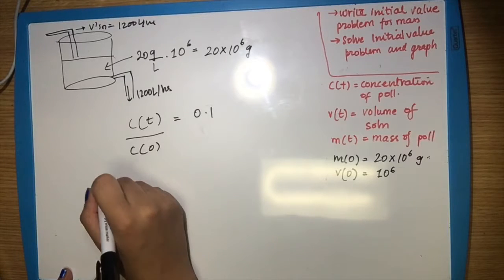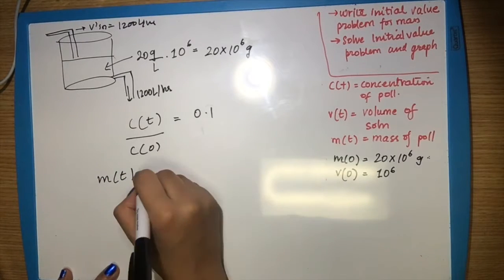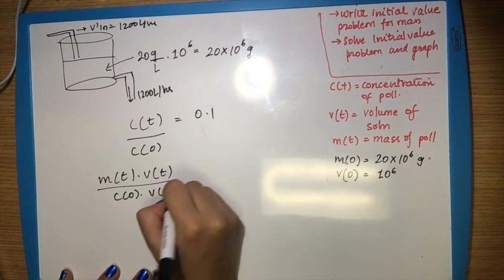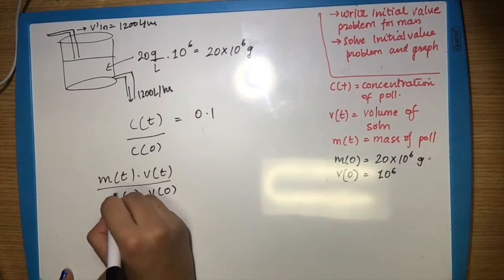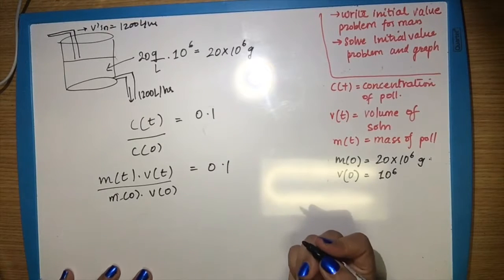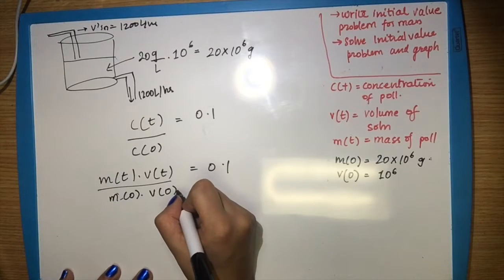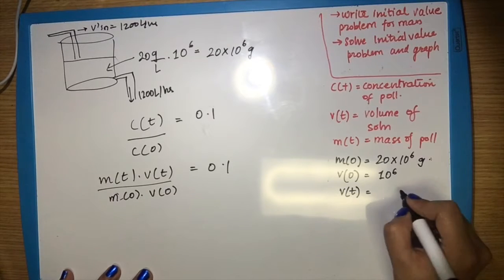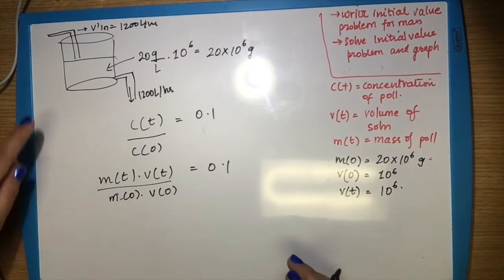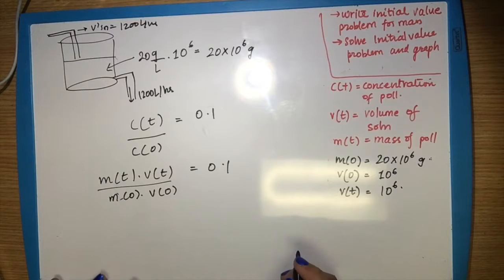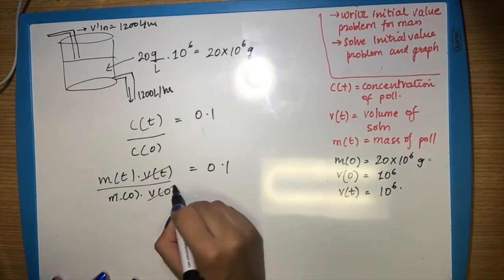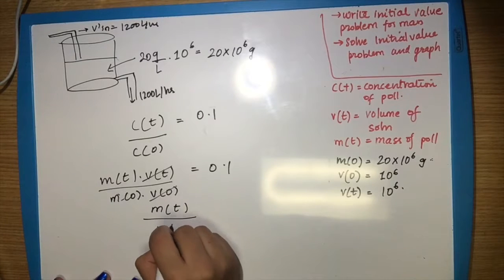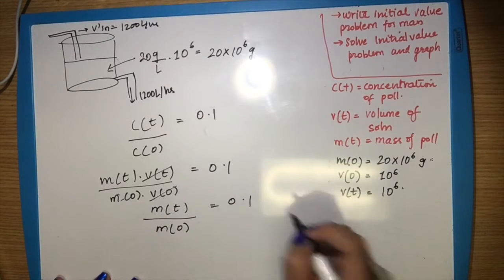Now c(t) can be written as M(t) over V(t), over M naught over V naught, is equal to 0.1. But we know that V(t) and V naught are essentially the same value because V(t) did not change. It was 10^6 liters because the volume coming in and the volume going out are exactly the same, and so we can cancel these two. And so we get M(t) over M naught is equal to 0.1.